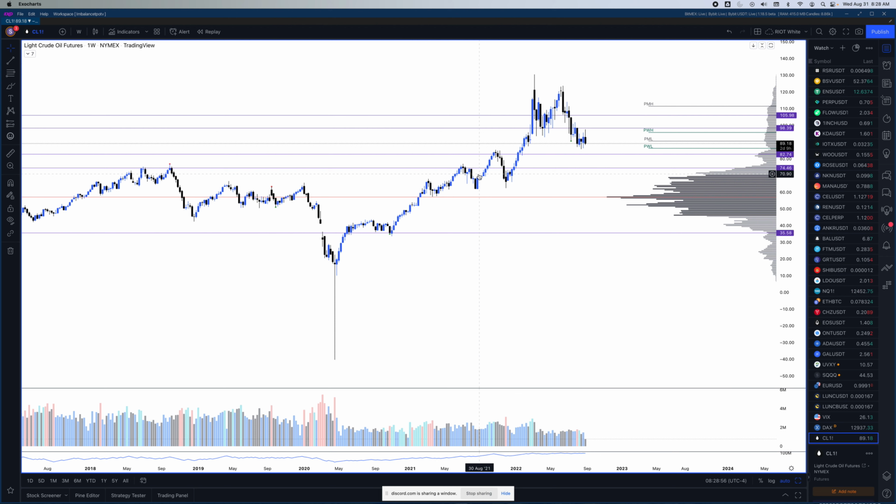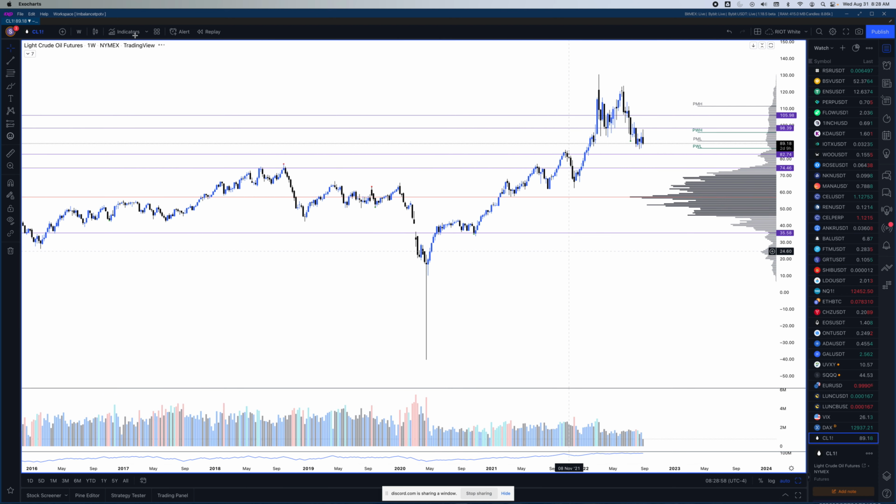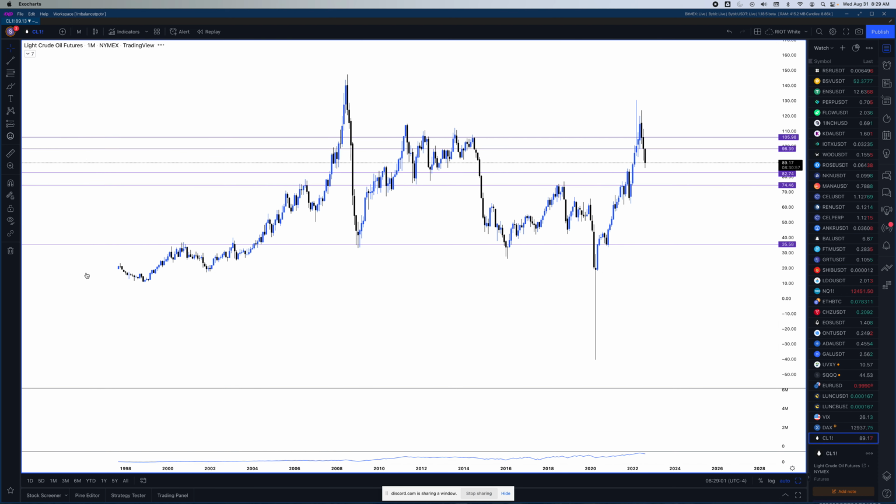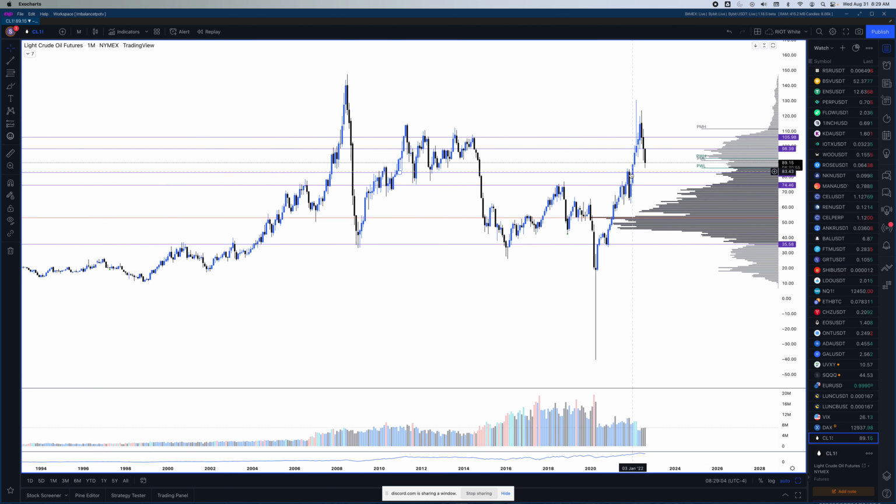In terms of overall market structure, we're still bullish. This would be the higher high, and as long as it turns before this, which is dead spot on last week's low.